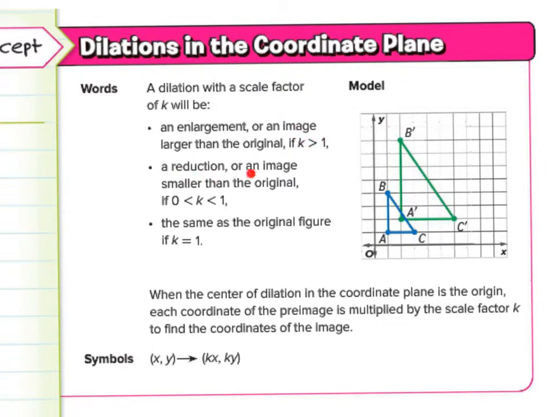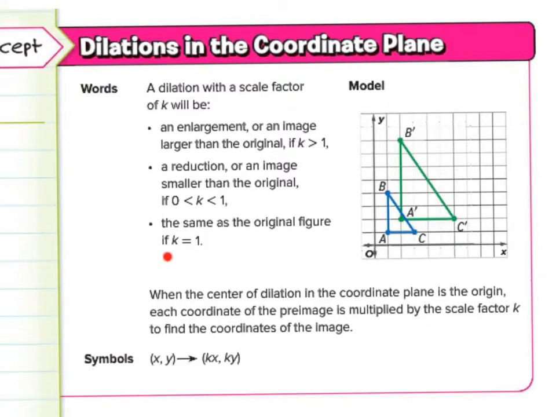A reduction, or an image smaller than the original image, if 0 is less than k, which is less than 1. So this is just a reduction, and this is an enlargement or a greater size. The same as the original figure would be represented with the equal signs.